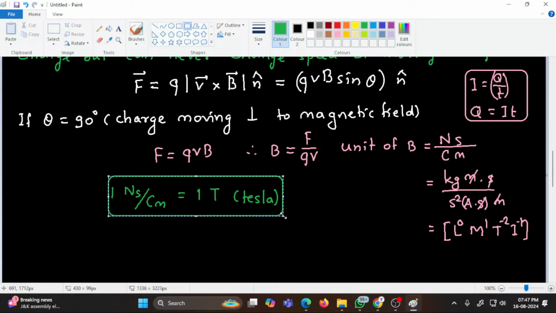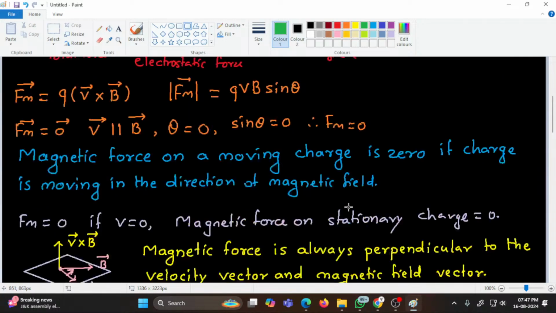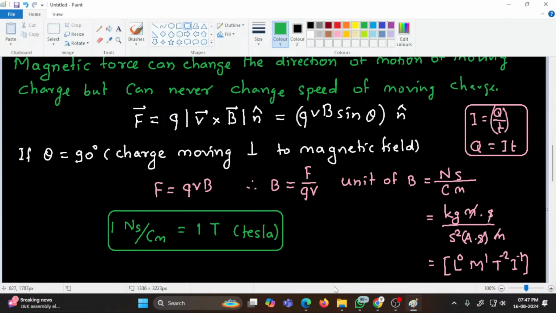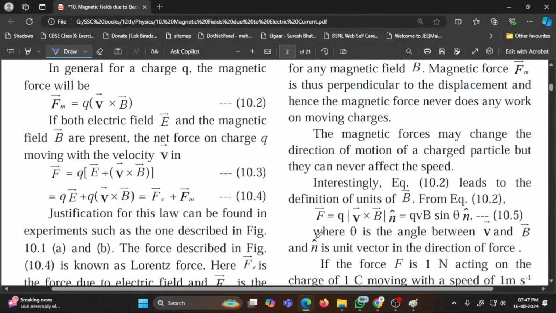On the other hand, Earth's magnetic field is much smaller. It is about 3.6 into 10 raised to -5 Tesla or 0.36 Gauss. So this is how we introduce ourselves with the physical quantity magnetic field.